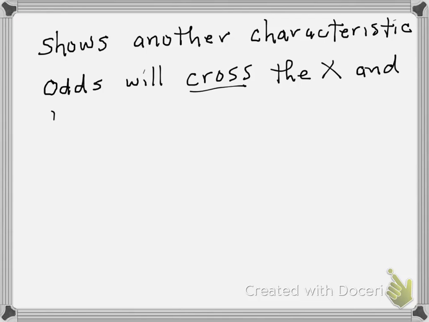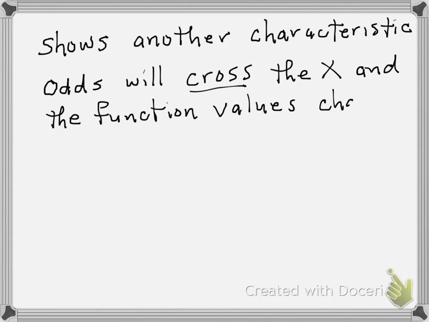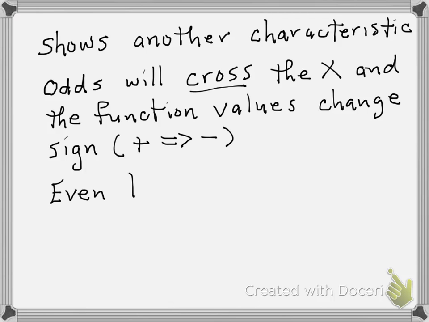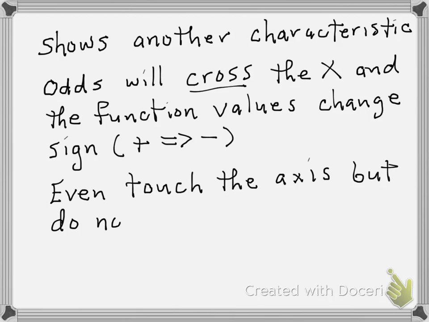So it gives us a 0, but it doesn't change the sign of the function. So when it's odd, the function values change. So they go from positive to negative or negative to positive, whichever way they're going. But the even touch the axis, but the function value sign doesn't change.